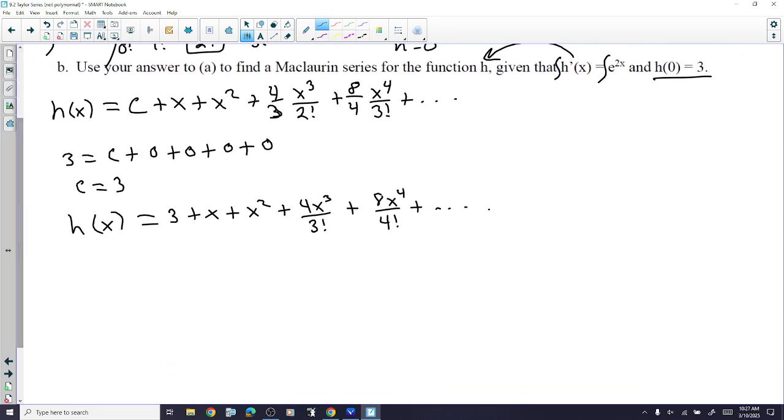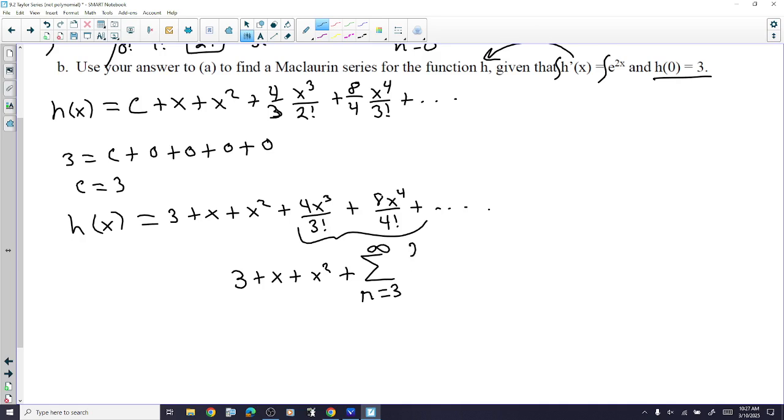Now the sigma notation is a little weird in that the pattern doesn't really start until we get to this one right here. There's where the pattern starts. So it's legal in Nebraska to write this: 3 plus x squared. And then plus, all right, this is where the pattern starts. So we're going to say n equals, I don't know, how about 3? 3 to infinity of, we would go 4 to the n, oh, not 4, because it's 2 squared and 2 to the third.